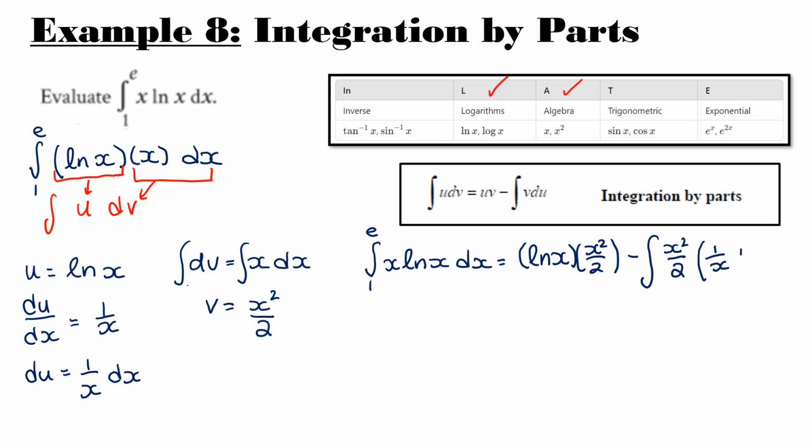So that's 1 over x dx. So we can do a little bit of tidy up here. The x at the bottom and an x on the top divide into each other. So that leaves us with x over 2. So the next line is ln x times x squared over 2, minus, so we're integrating this, so we add 1 to the power.